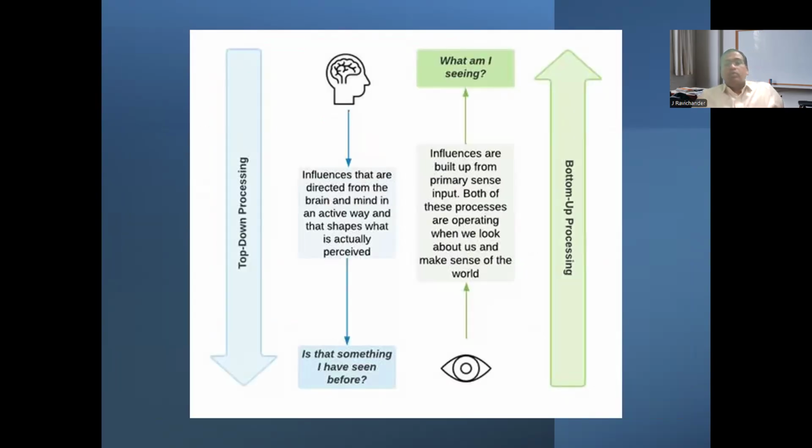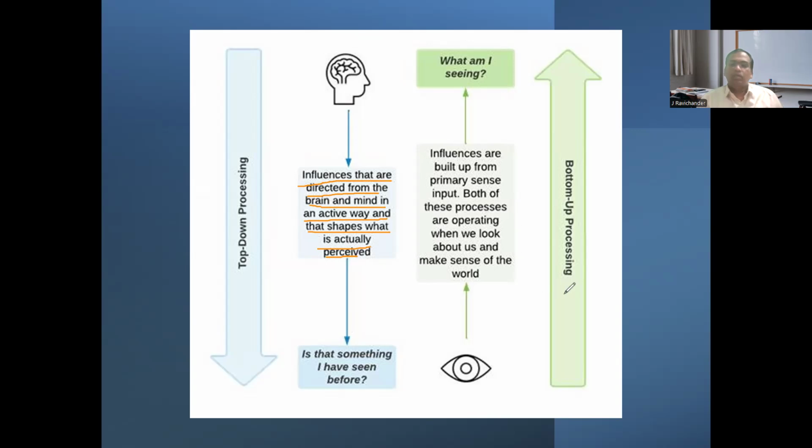Now coming to top-down processing, it is influences that are directed from the brain and mind in an active way, and that shapes what is actually perceived. So that is, is that something I have seen before? This is called top-down processing.